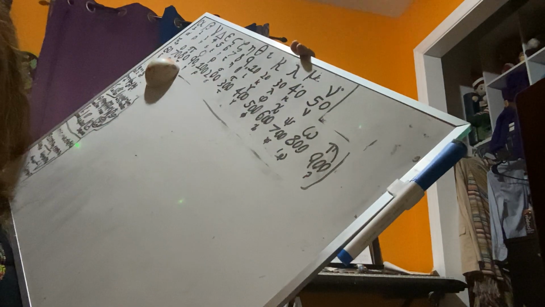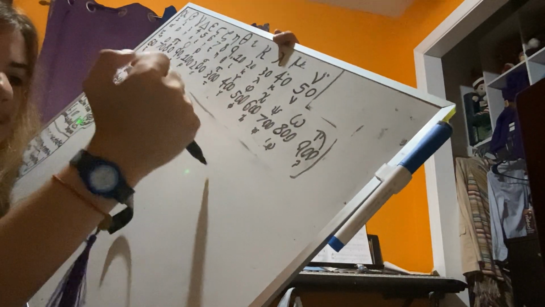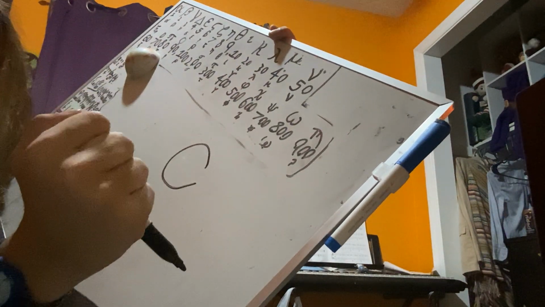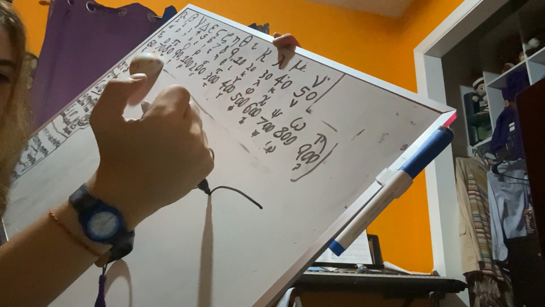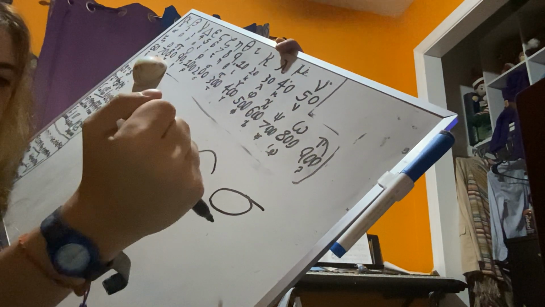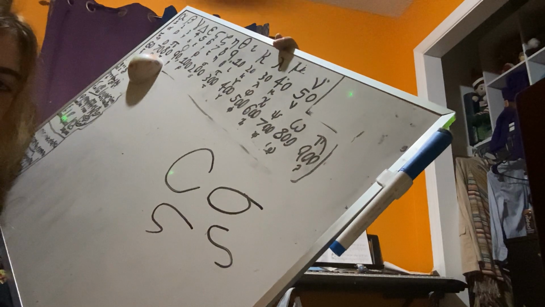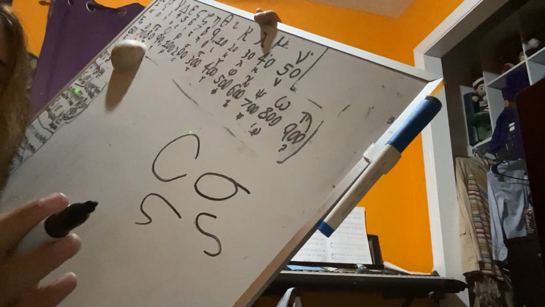Also, there's many languages that adapted the sigma to just become C, even though it should be like this or this. And the stigma, it's like a mix of them. It used to be a thing, not anymore.